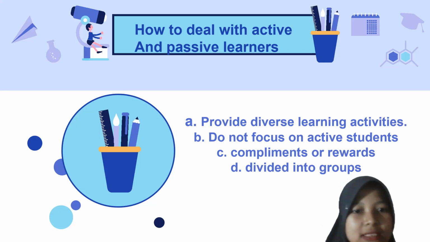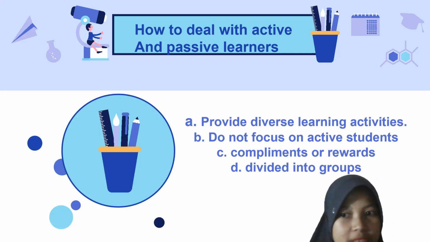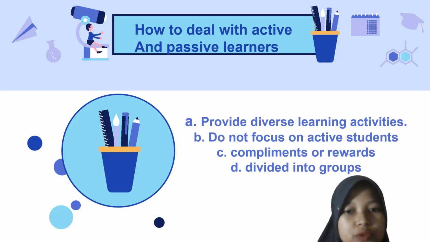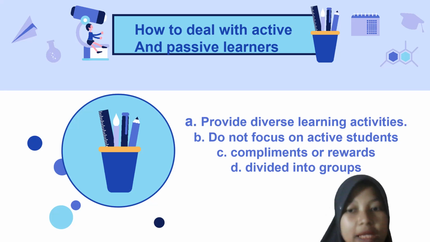And the last is we can divide students into groups. Students are divided into groups of active and passive learners. But don't forget to make sure that each student does their task as well. And if we apply this method to young learners, it will be better if the teacher divides the groups.